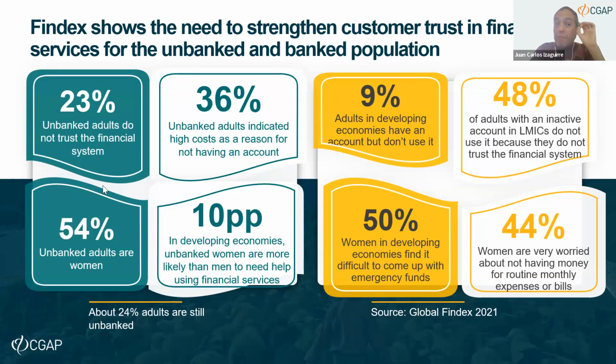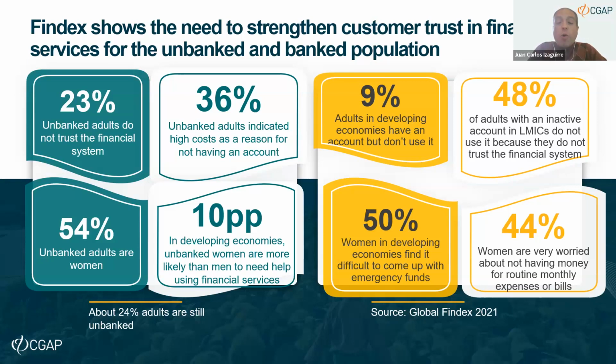Vulnerable adults are the most likely to be unbanked. Globally, almost 1 in 2 of the unbanked belong to the poorest 40% of households. Almost 2 in 3 have only primary education or less, and 50% are women. Also, in developing economies, 64% of unbanked adults say that they would need assistance to use formal financial services.